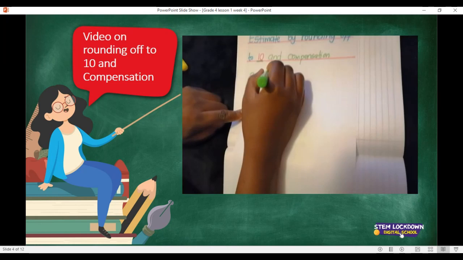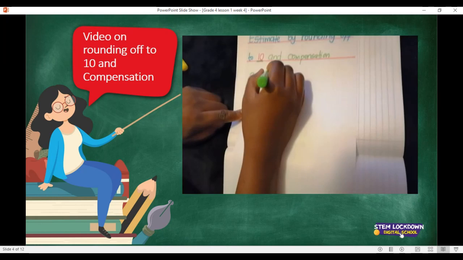So from 145 to 150, we added 5. This means that we have to remove 5 from the estimated answer to get the actual answer. Then how do you remove it? We subtract. Remember the inverse that I explained: because we added 5 on the 150, now we have to remove it from the estimated answer.